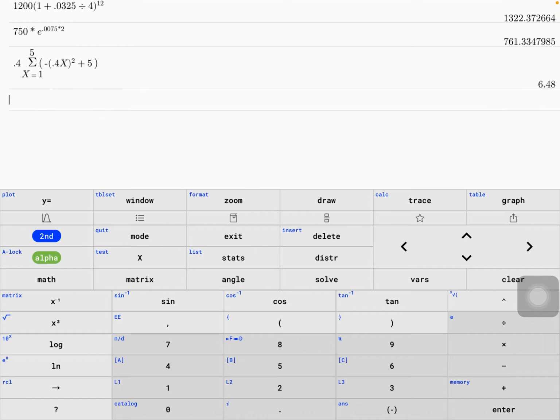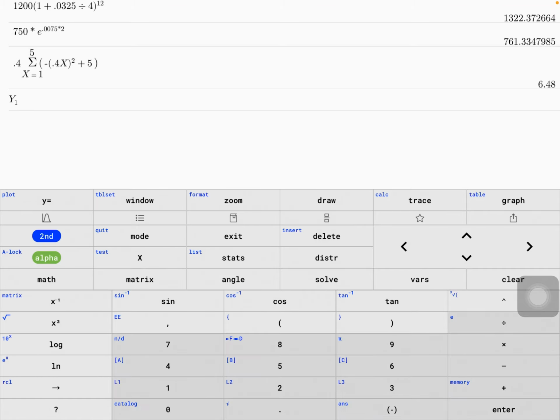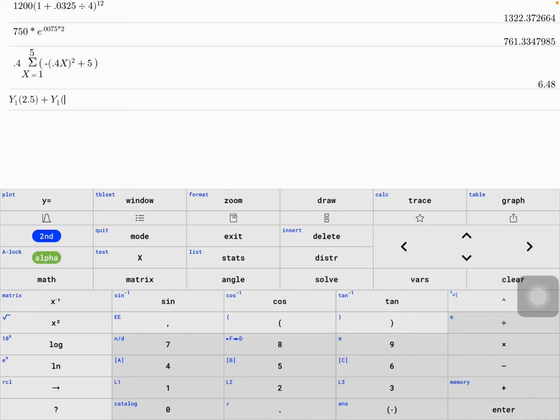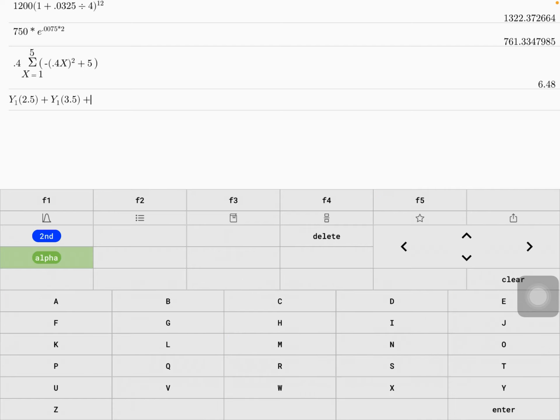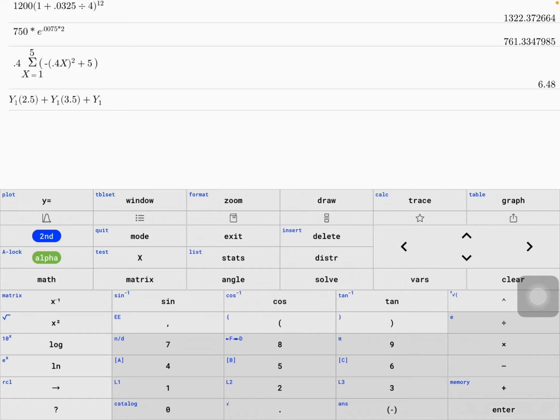So when I do these function values, a quick way again is to use that alpha F4 button, and then you just choose your y1. So I can do alpha F4 of, and then I'm putting in 5 halves, which would be 2.5, plus alpha F4, y1, and the next one that I was doing was 3.5, plus alpha F4, y1, and the next one was 4.5, so type in 4.5.